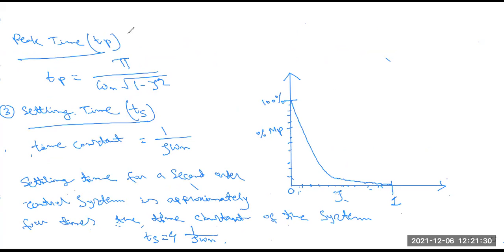Another one is the peak time, which we calculate from here, and last we learned the settling time, TS. Is it clear to all of you? No one is responding to me. Is it clear or not?